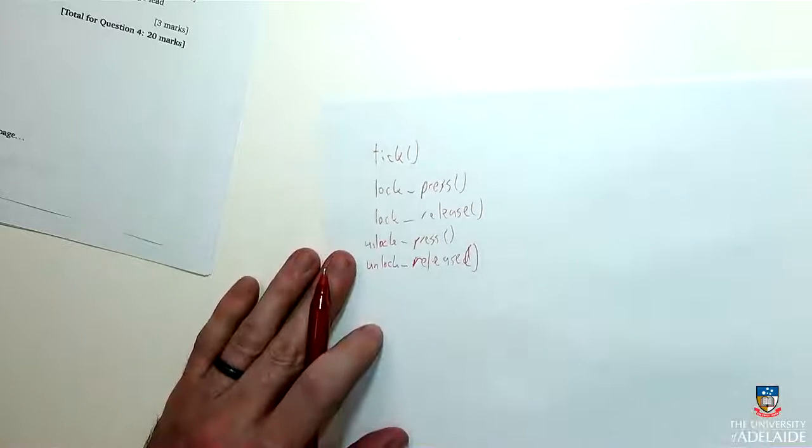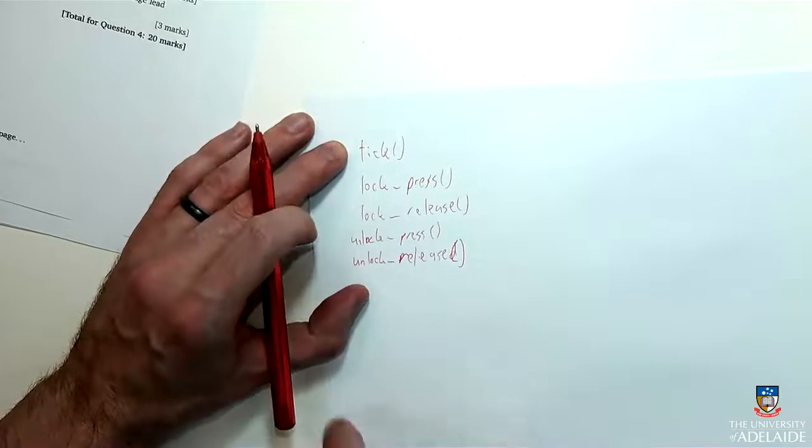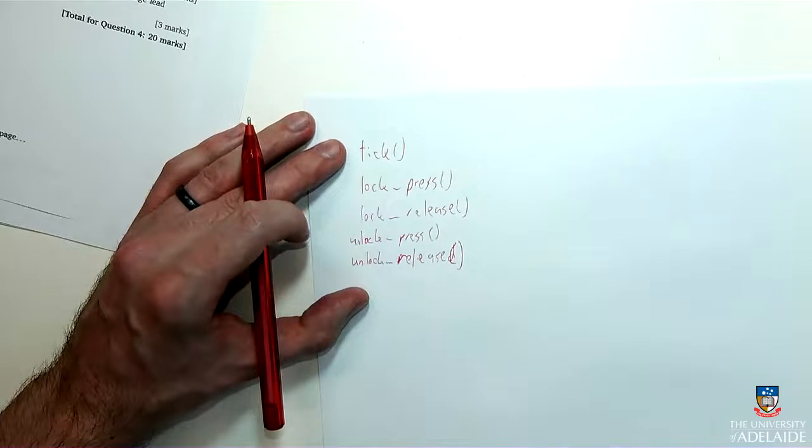So we have 5 event sources in the system that can trigger our transitions.